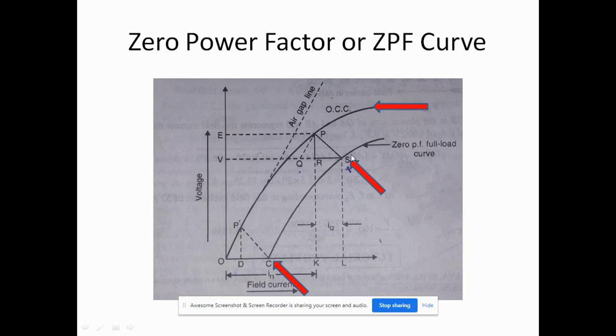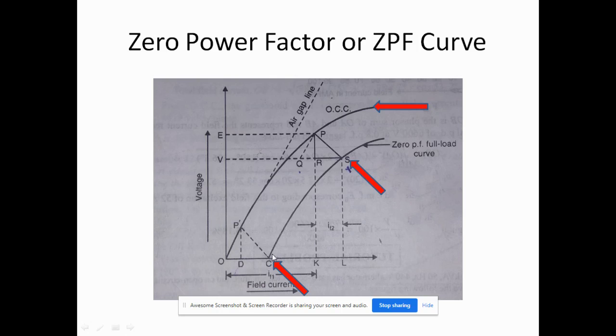At point S we have the value of field current and the value of terminal voltage. Point S is that point at which we have a field current such that we get a terminal voltage, that is full load terminal voltage, and a current, that is full load armature current. So these are the 2 points we require to draw this Z.P.F curve.